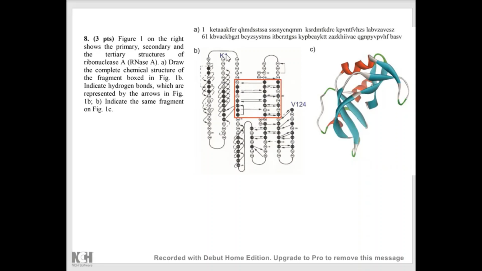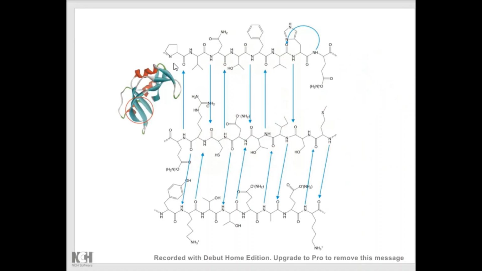Instead, you should identify the N-terminal amino acid, which is here, K, and then go through the chain and find out which amino acids are part of the structure by simply counting them in the primary structure right here. So once you identify which amino acids are here and where is the end, so this is the N-terminal end and this is the C-terminal end, you can go ahead and draw your peptides as they are.